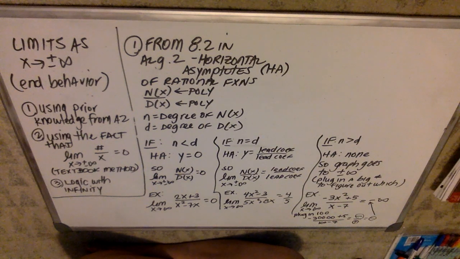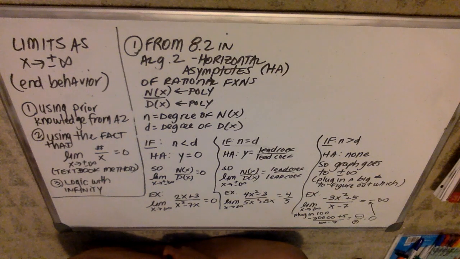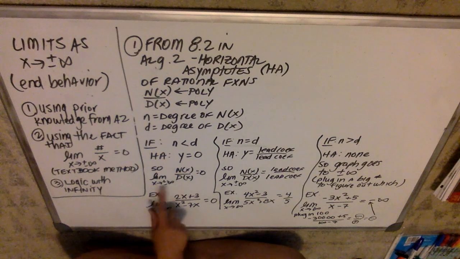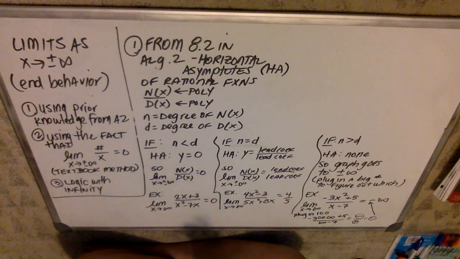Possibility number one, the numerator has a smaller degree than the denominator. If the numerator degree is smaller than the denominator, then the horizontal asymptote in both directions is y equals 0. So the limit as x approaches plus or minus infinity of n of x on top of d of x is 0. Here's an example.